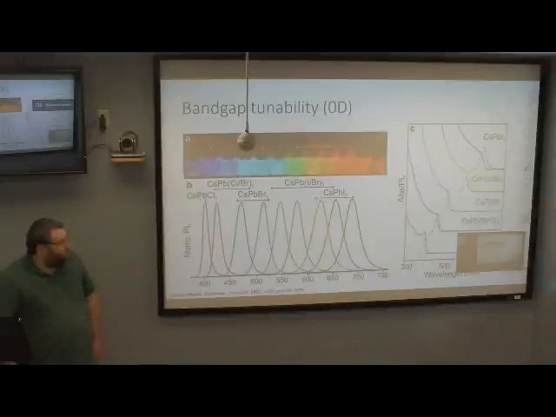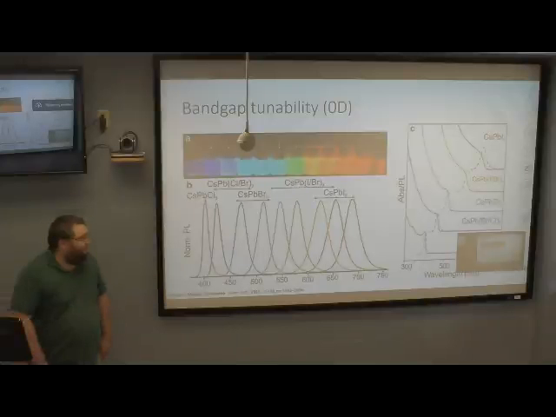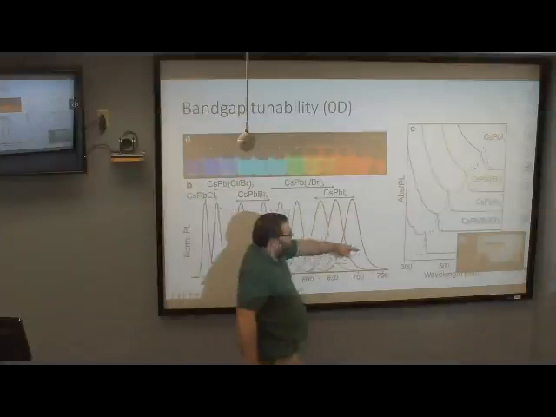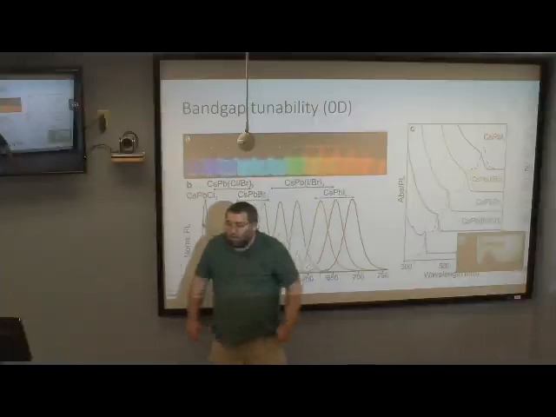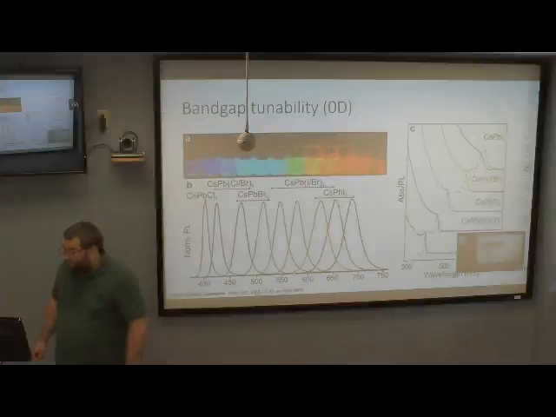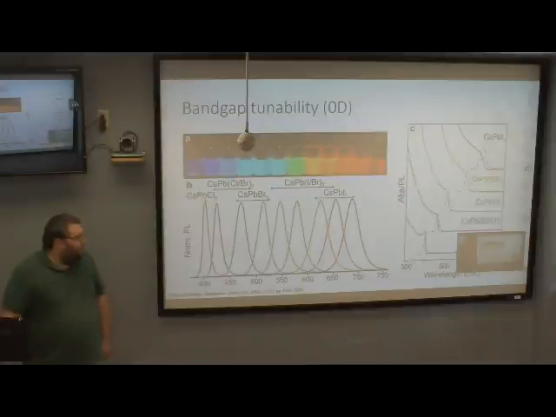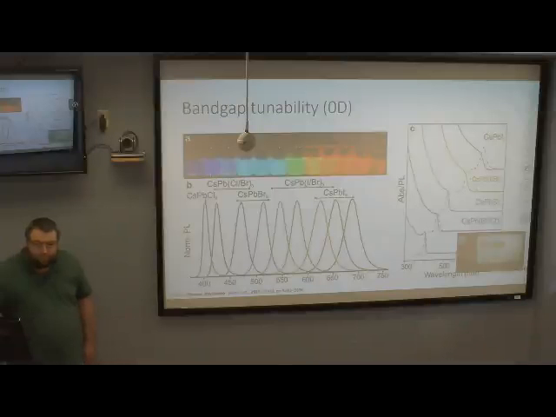And you can see that it also allows you to adjust the absorbance of the material, which is helpful for photovoltaics. It allows you to absorb more of the light spectrum, or if you have some specific reason, you absorb a specific part of the light spectrum.